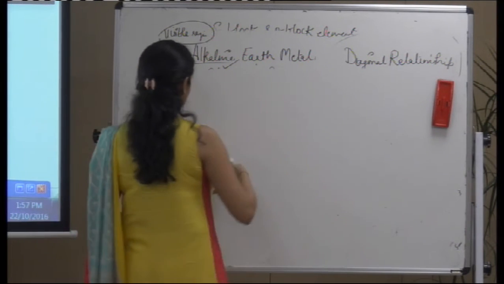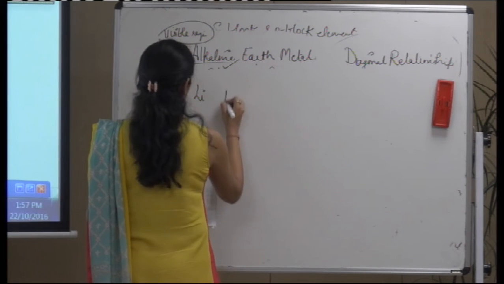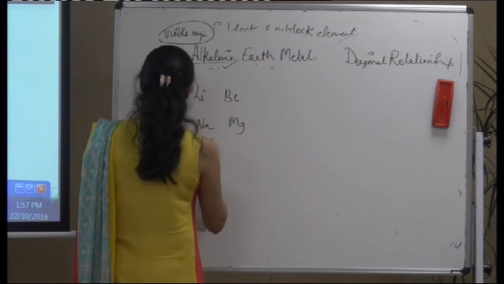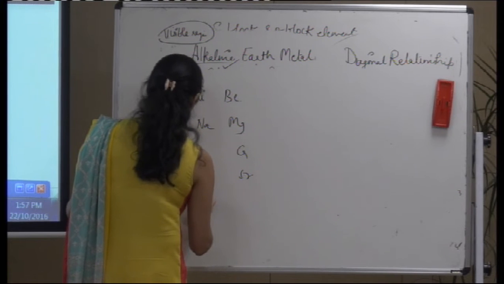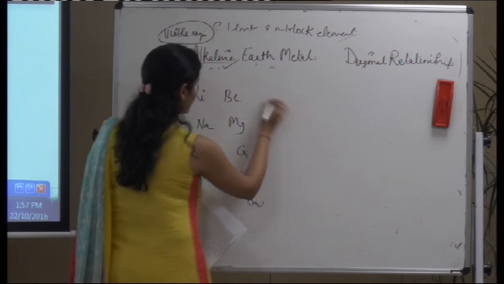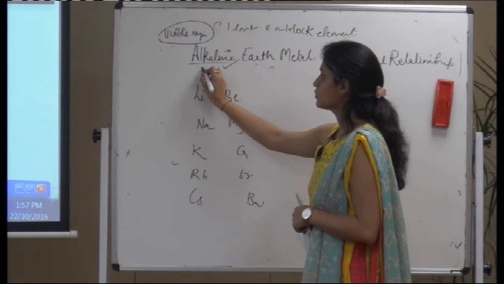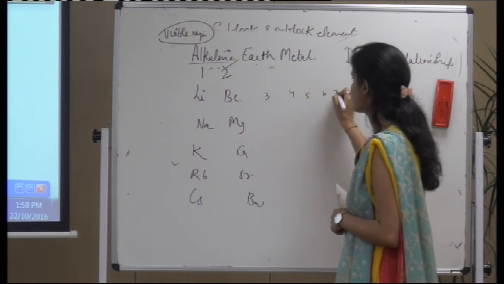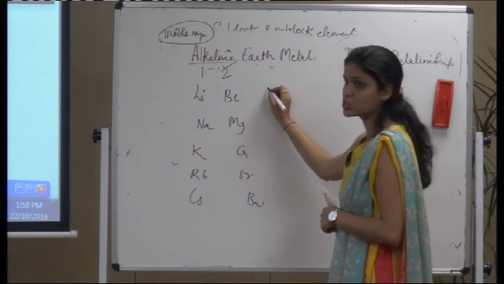Everybody knows this is the periodic table: lithium, beryllium, magnesium, calcium, rubidium, strontium, cesium, barium, and this is which group element? First, second, then we have 3, 4, 5, 6, 7, 8, 9. In between we have which group elements?